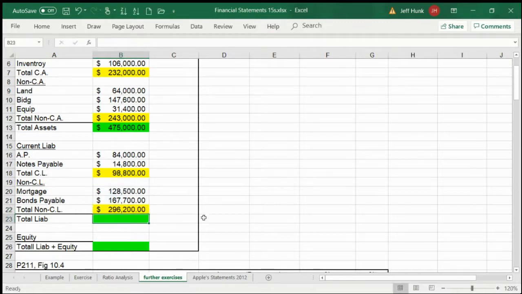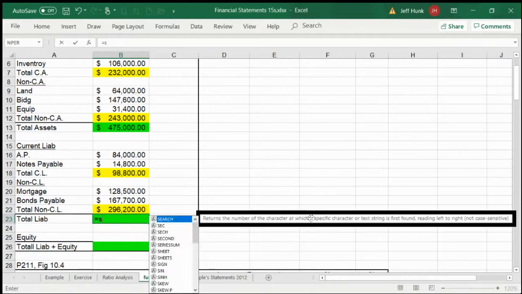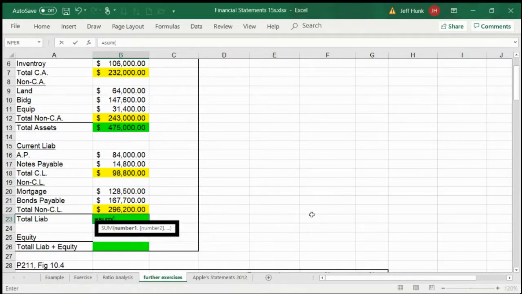Then total liabilities, of course, is the sum of total current liabilities and total non-current liabilities. And there you go. Now our next question is, how do we know what equity is, right?